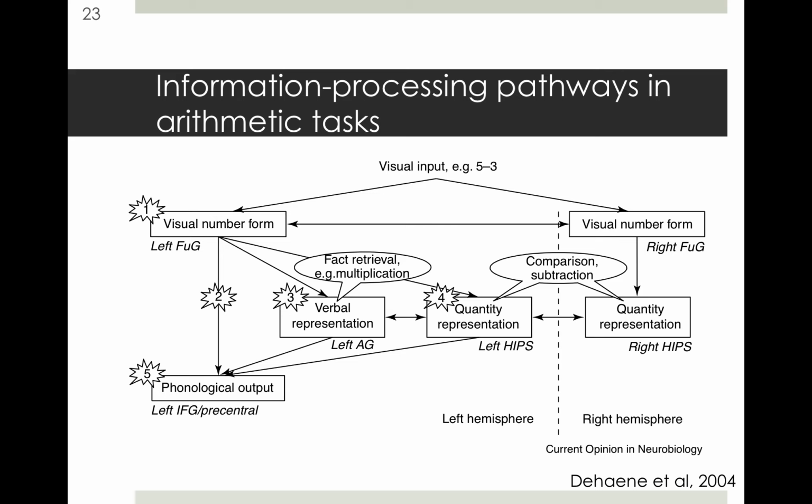You don't need to memorize all the areas of the brain listed here, but you just generally need to know that most of the areas that are important for arithmetic are left hemispheric, and especially there are some areas in the parietal lobe that are especially involved.